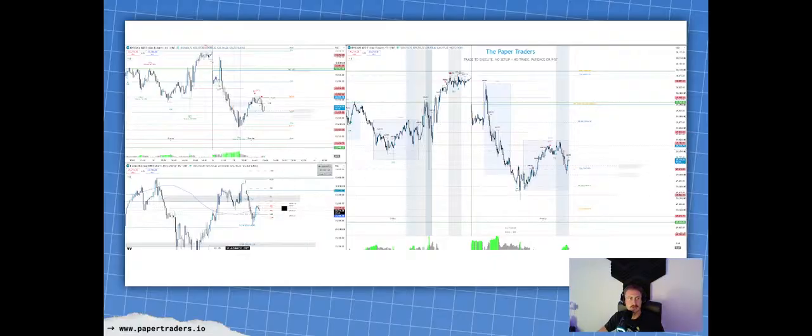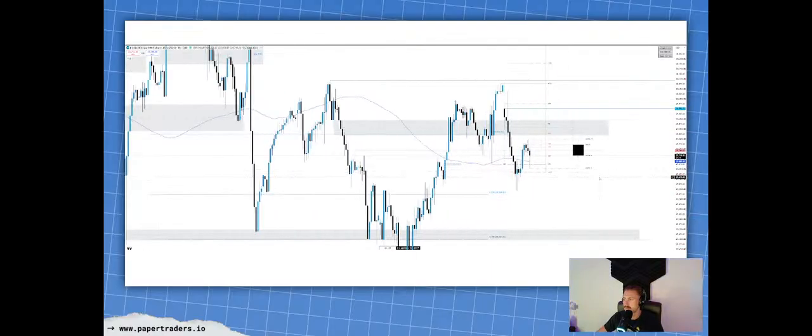We typically start our analysis on the 4 hour, not the 5 minute, on the 4 hour, and we go from there. So let's see what we have here today. Let's get into it. Let's see what the price has for us. So let's get into this 4 hour.